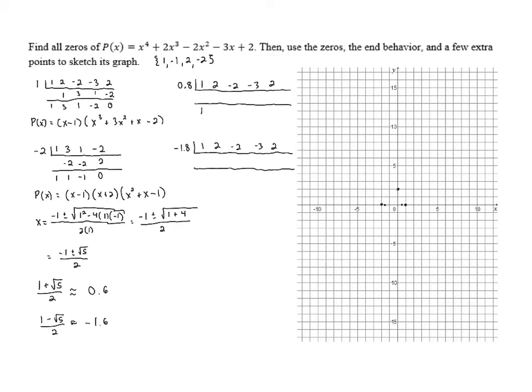At this point, we need to multiply by 0.8, and then we need to add 2 to the result, which is going to be 2.8. And then we need to multiply by 0.8 again, and then this time we're adding negative 2. And then whatever we get here, we need to multiply by 0.8, and then we need to add negative 3.